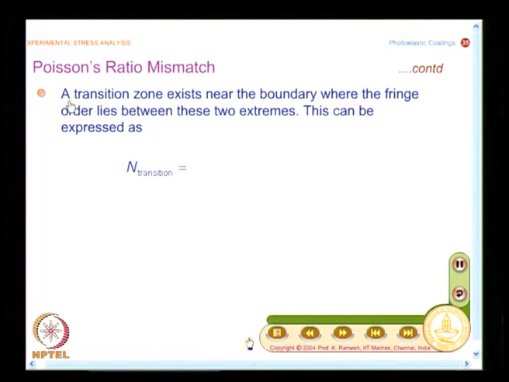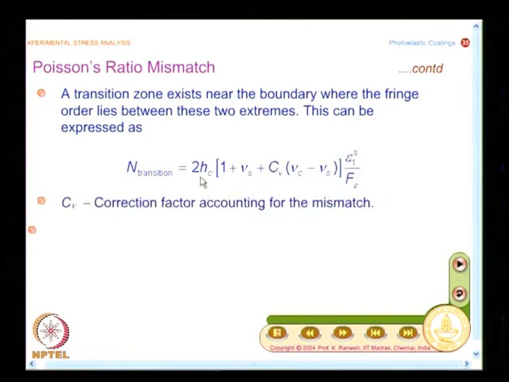So, people have identified a transition zone exists near the boundary where the fringe order lies between the two extremes which we saw earlier, and this can be expressed as n transition, and that is given as 2 h c into 1 plus nu s plus C v, where C v is the correction factor accounting for the mismatch, C v multiplied by nu c minus nu s, the whole of it multiplied by epsilon 1 s divided by f epsilon.